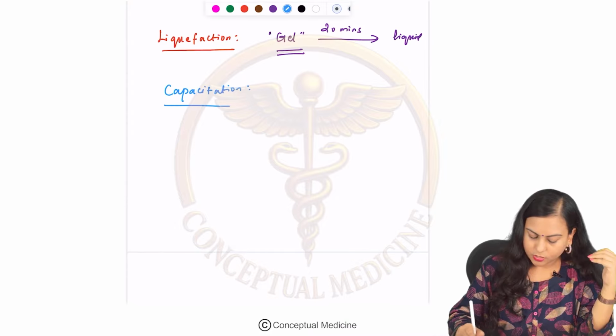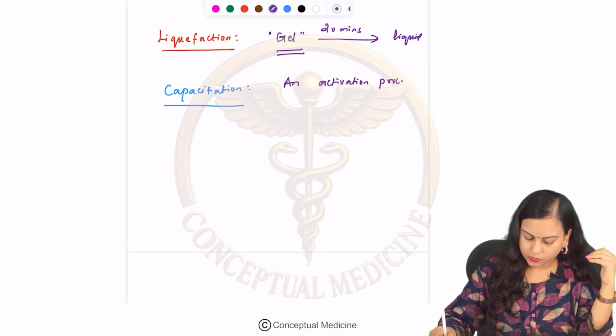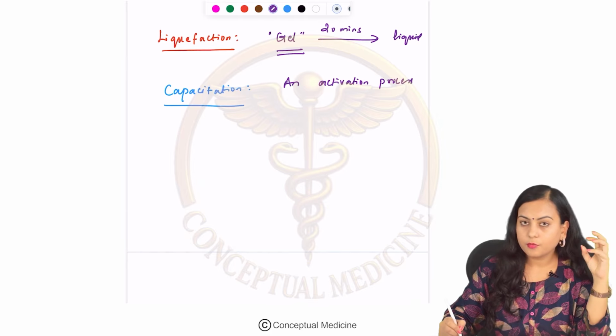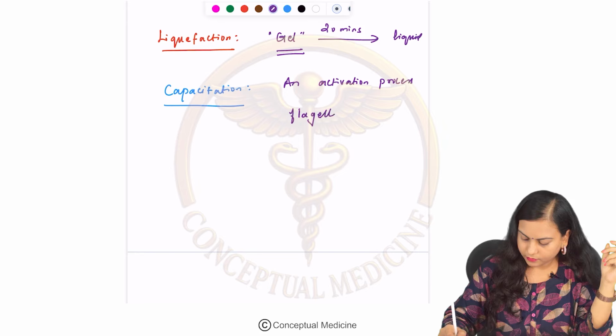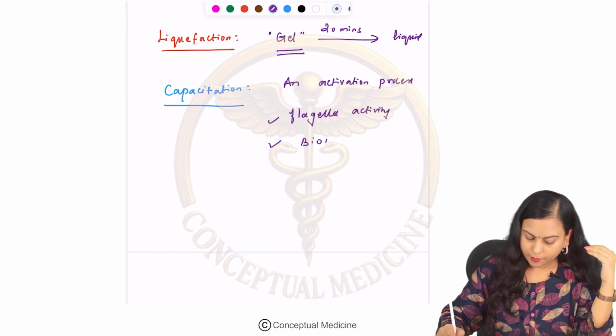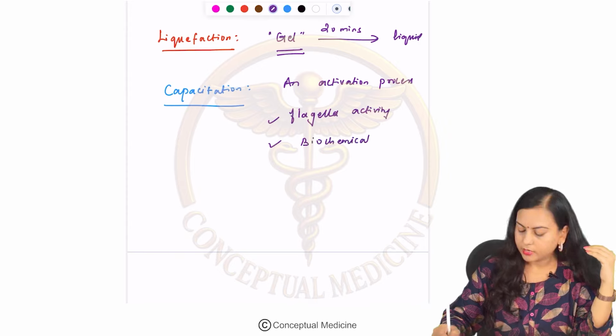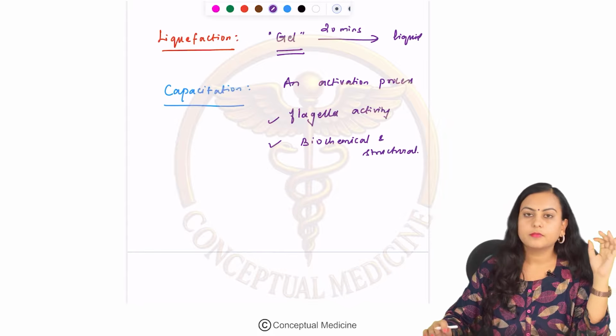So capacitation is an activation process that involves both enhancement of flagella activity, that is the sperm movement will become more active, as well as biochemical and structural changes that will be seen in the sperm head.